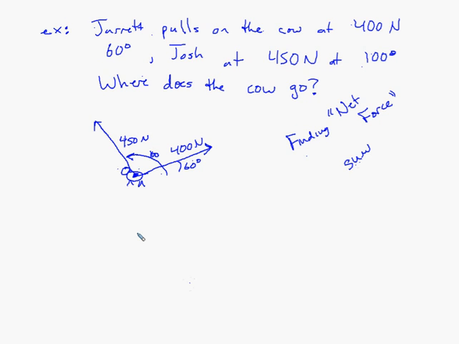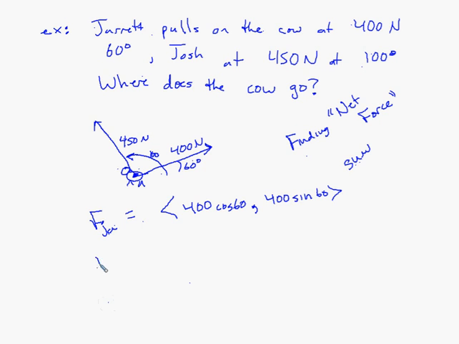So, let's find the force of Jarrett. We'll call him force JA. Alright, well that's going to be, let's get the components. So we're going to have 400 cosine of 60, comma, 400 sine of 60.